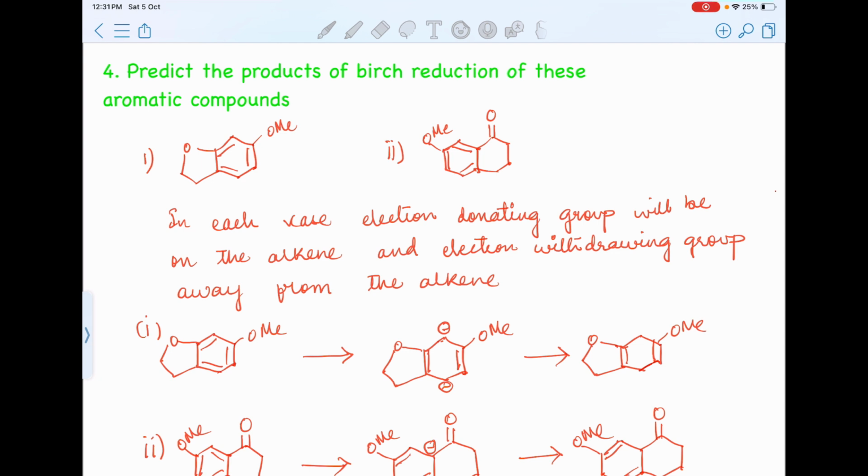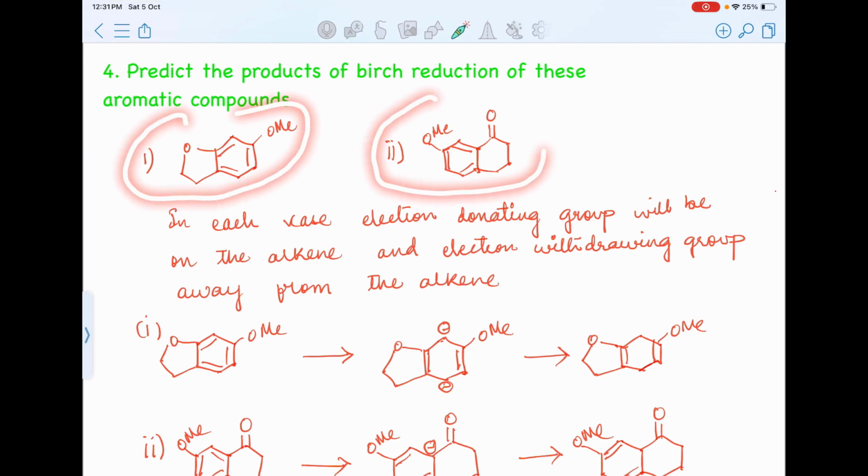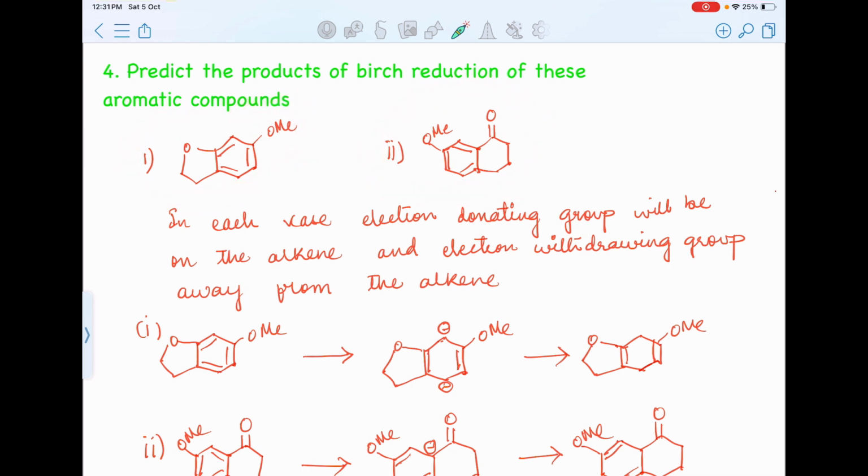The next question is, predict the products of Birch reduction of these aromatic compounds. Here compound 1 and compound 2. In both these compounds we have the electron donating substituent, that is OMe. So in each case the electron donating group will be on the alkene, and electron withdrawing group will be away from the alkene.